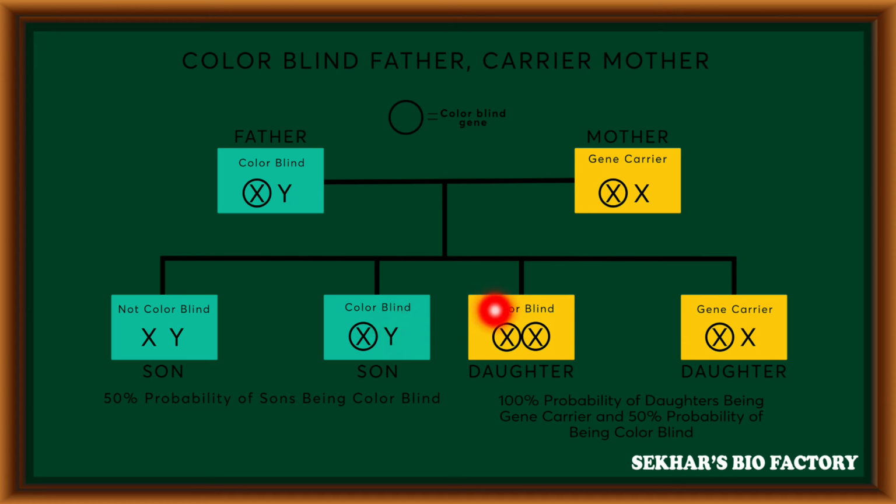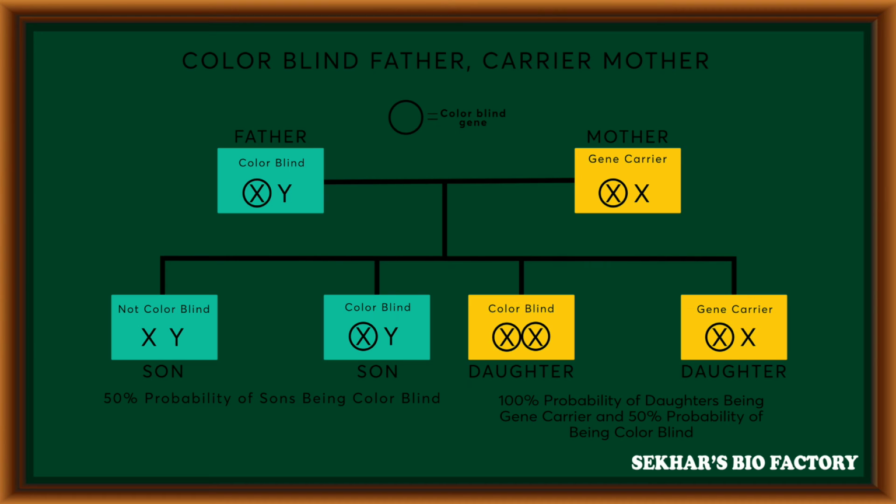And a daughter can receive two X chromosomes with the defective alleles from both parents. In such condition only the female becomes color blind. And one more daughter, by receiving one defective allele on the X chromosome, acts as a carrier.